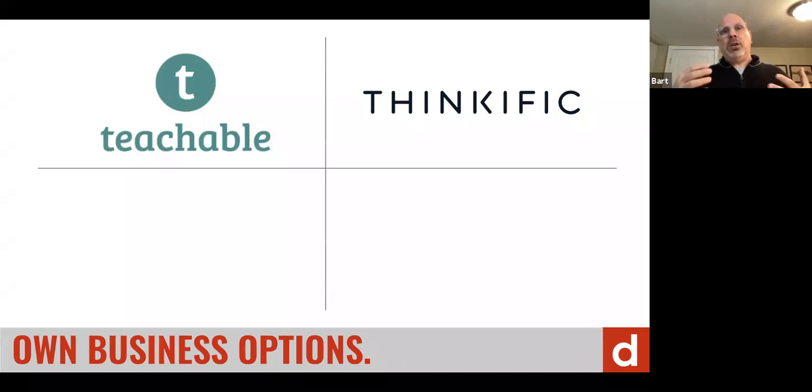And you create a course and you put all the videos up there and you break it into pieces, and you can put quizzes in, and you can put little certificates on there. But you also do the marketing, and they facilitate the business, but this is definitely your own business now. You're just hosting it on Teachable or Thinkific.